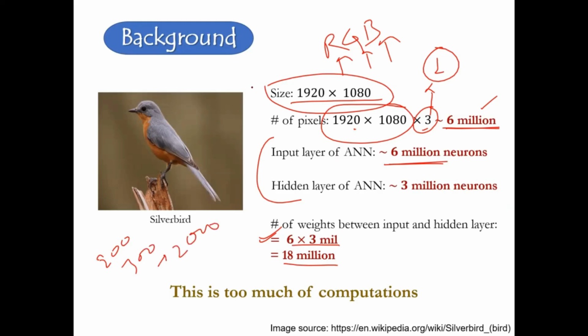In that case, this will again rise to some huge number. So the computation will be huge, and that is not possible for any computer, even a high performing computer. So what is the way around?